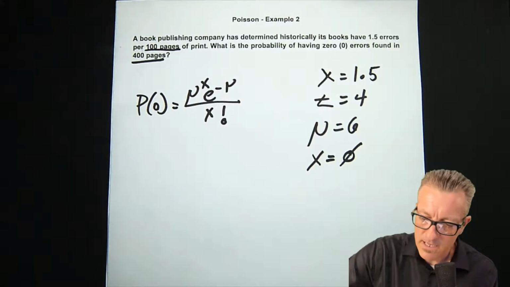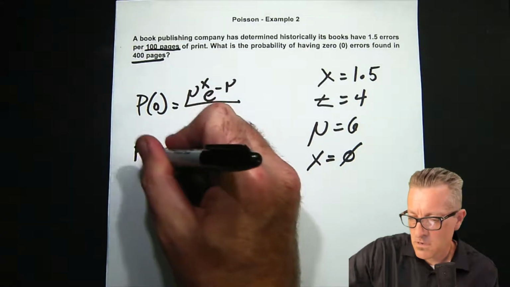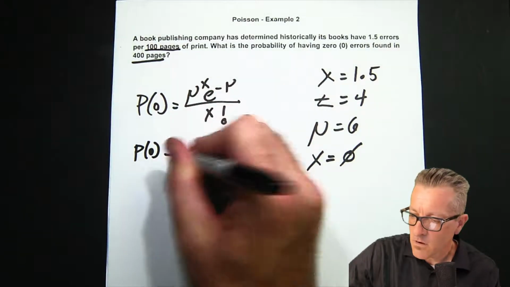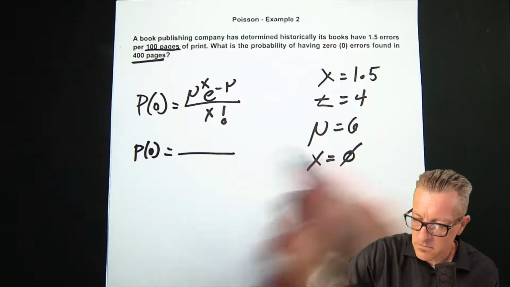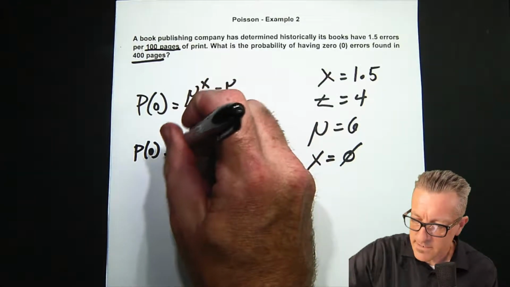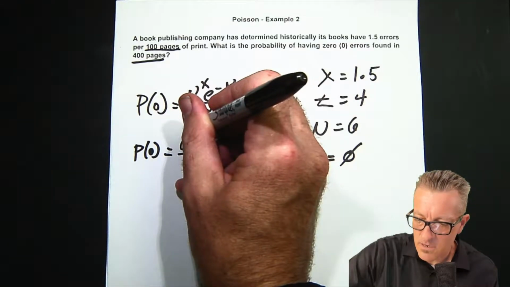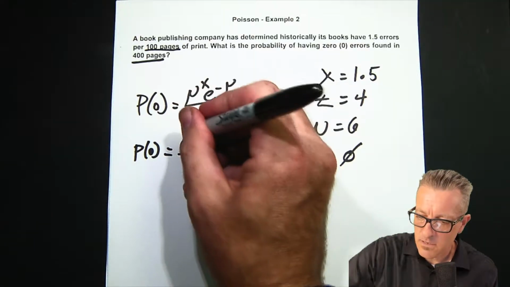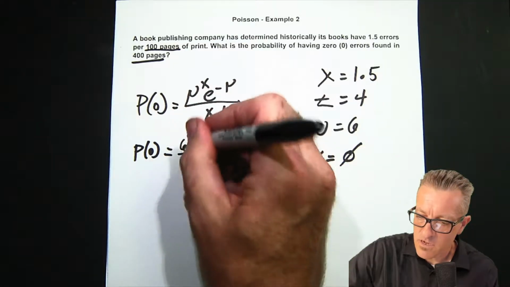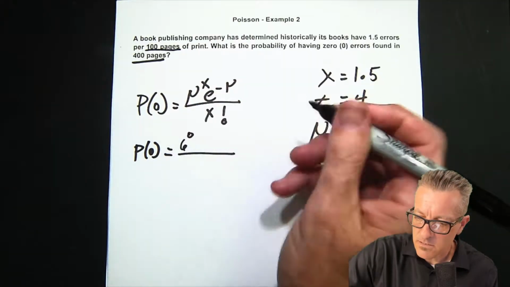And when we plug in the values, our mu is 6, our x is 0, our e is a very long value, and it is 2.